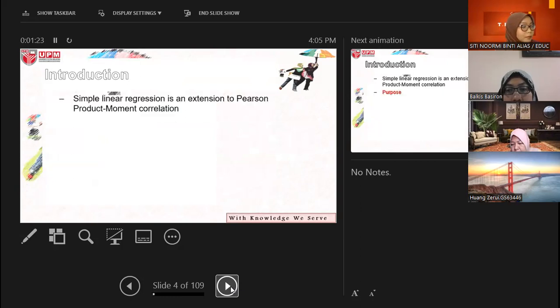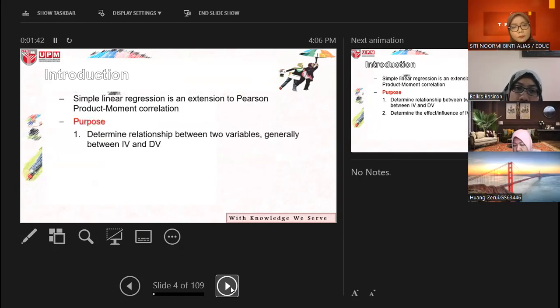Okay, so simple linear regression, as we learned during our statistic class, is the extension of the Pearson product moment correlation. So it shares similar characteristics, similar criteria or requirements with Pearson product moment correlation. The purpose of using the SLR is to determine the relationship between 2 variables, generally between IV and DV.